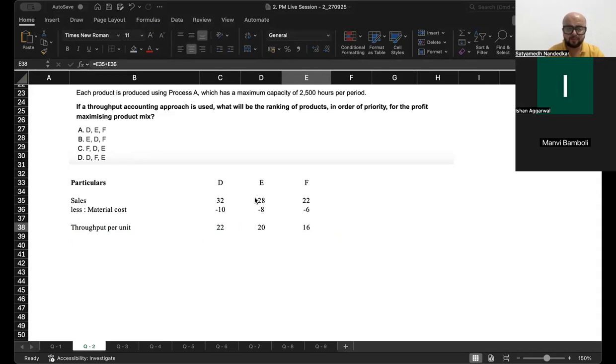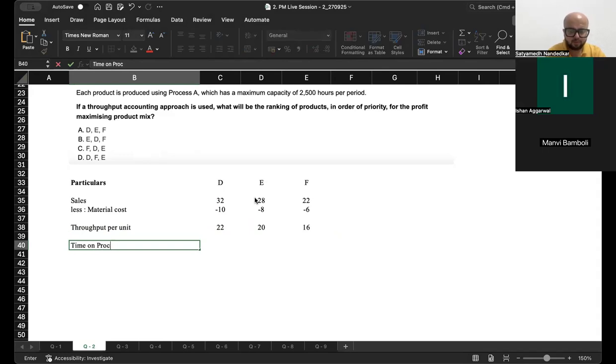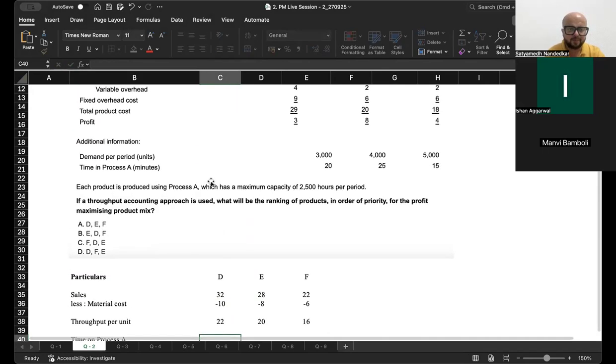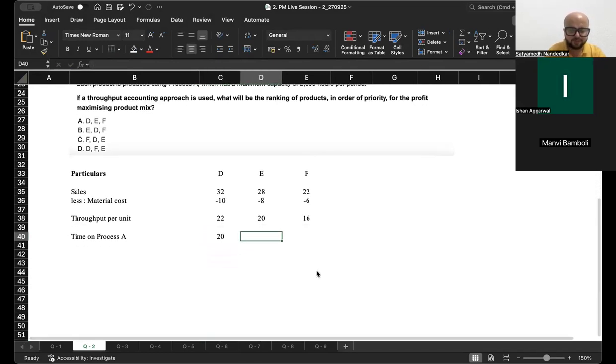What is the minutes on the critical resource? How do I get that? I have time on process A: 20, 25 and 15.